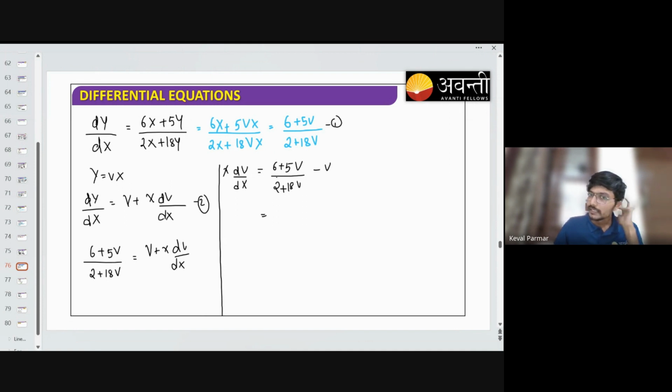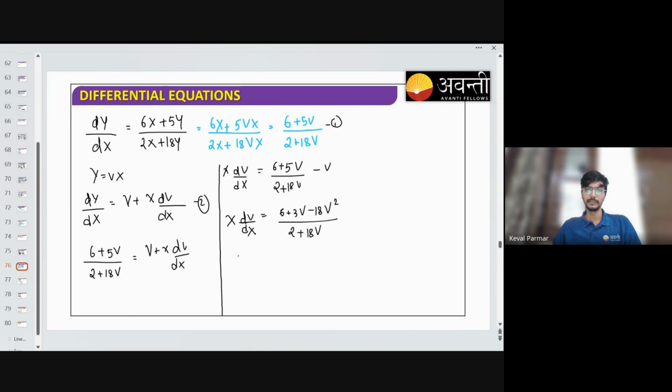So this will be 6 plus 3v minus 2v minus 18v square upon 2 plus 18v equals x dv by dx.